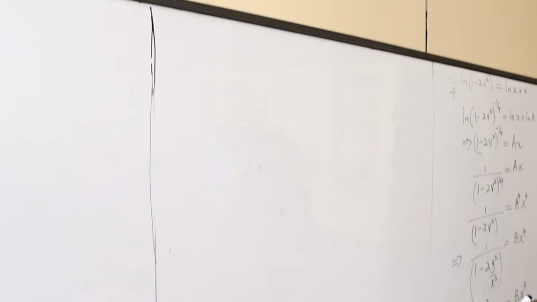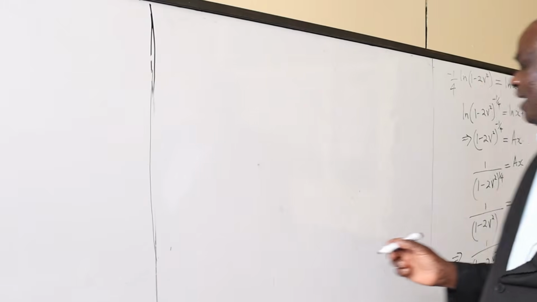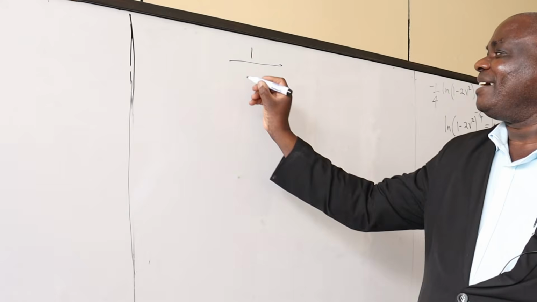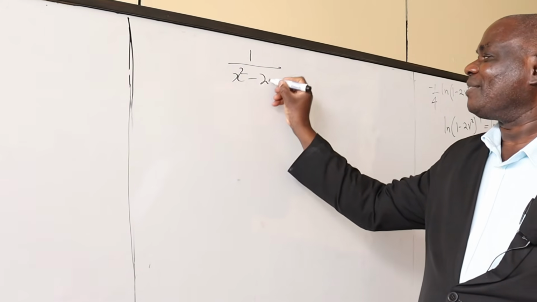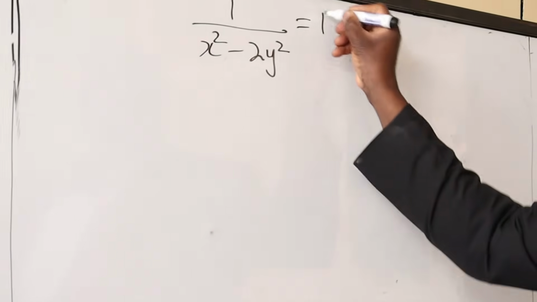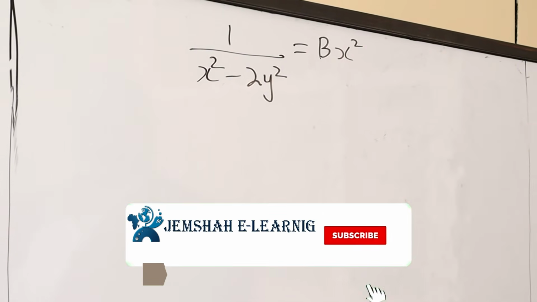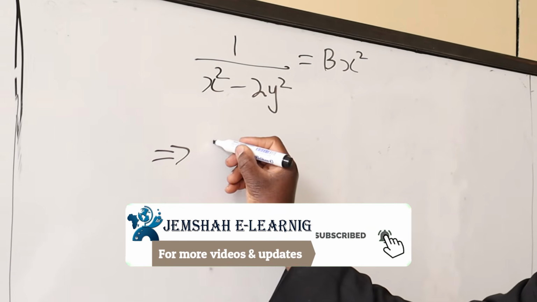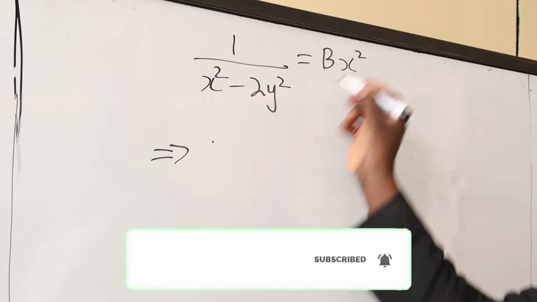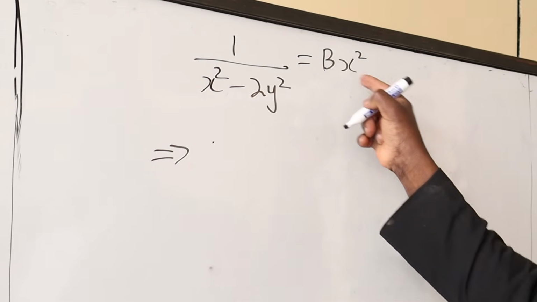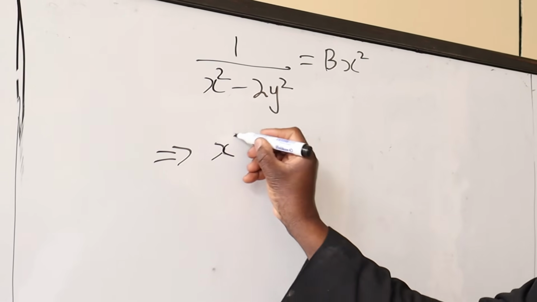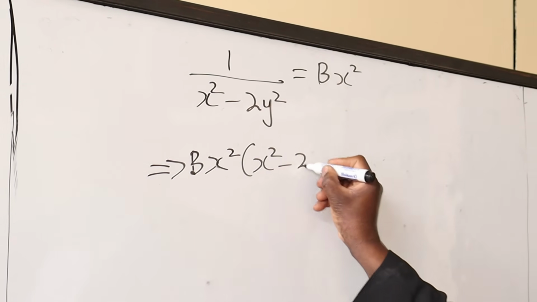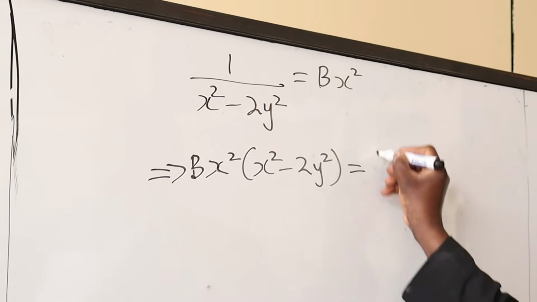It can be simplified further as we can divide both sides by x squared. Then we remain with 1 all over (x squared minus 2y squared) is equal to bx squared. This implies, cross multiplying, we get bx squared into (x squared minus 2y squared) is equal to 1.